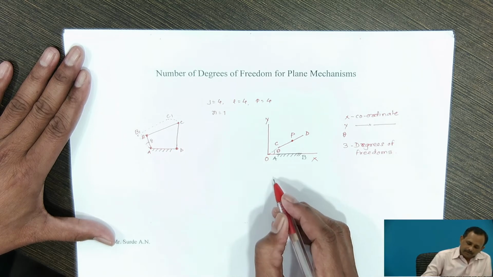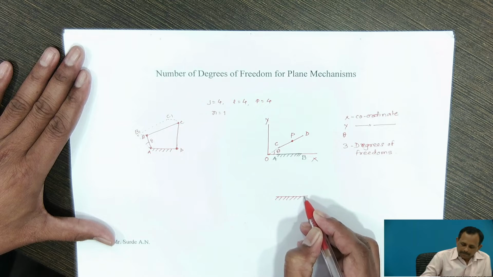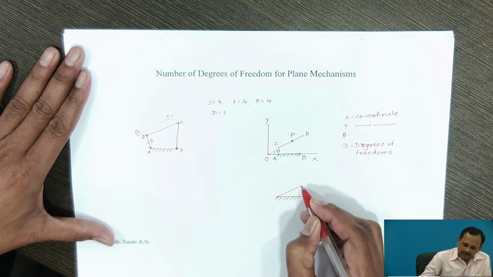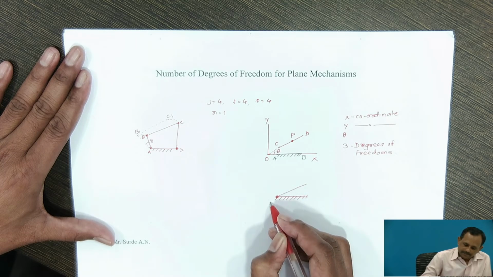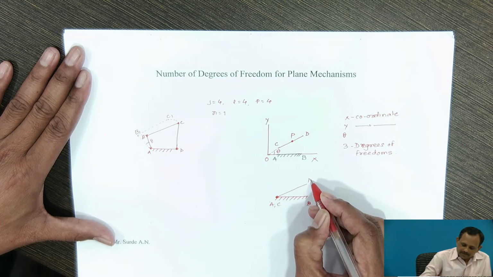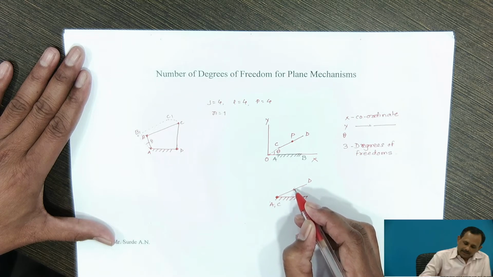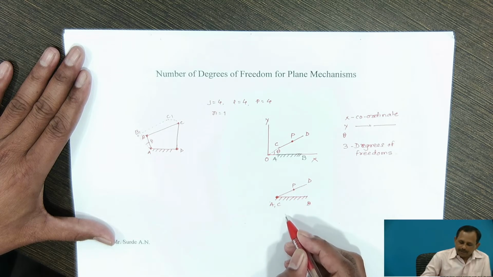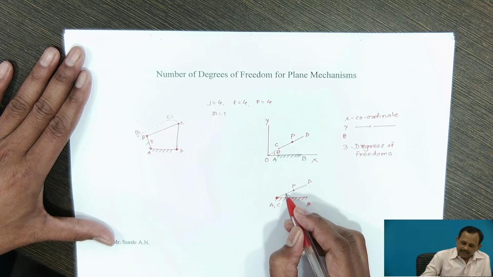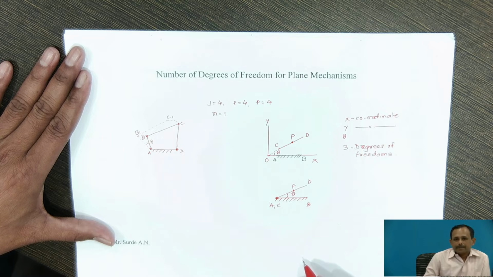When this link CD is connected with link AB, forming a turning pair, the position of point P on link CD can be determined by only one variable, that is theta.